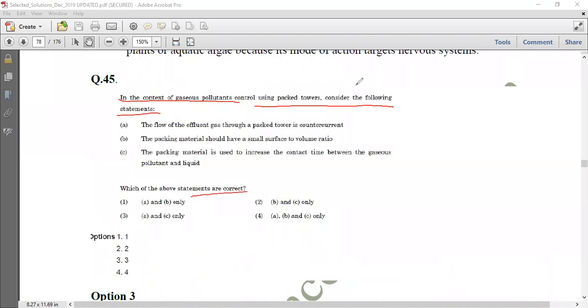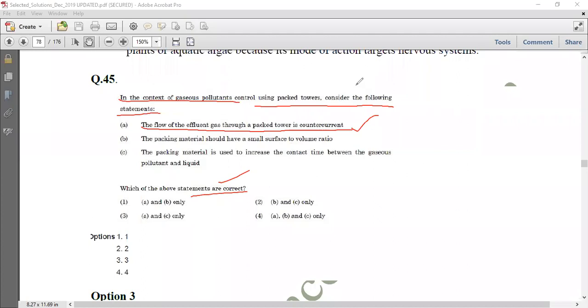Which of the following statements are correct? The first statement: the flow of the effluent gas through a packed tower is counter current. I said to you that counter current is there and it is more effective. So this is true. The mechanism is counter current.